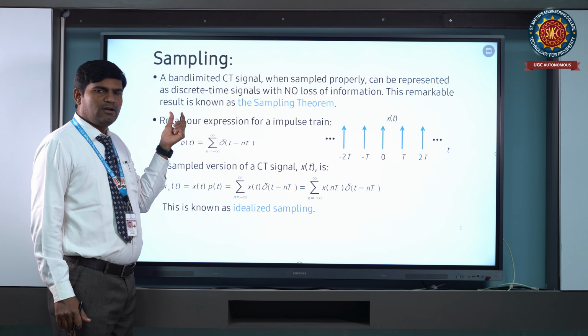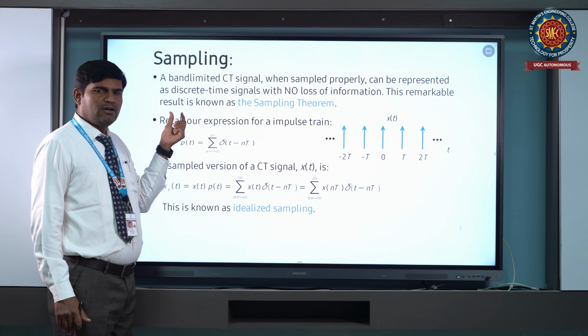Ck is the complex exponential Fourier coefficient, which can be evaluated as Ck equal to 1 by T into the integral from minus T by 2 to plus T by 2 of P of t into e power minus j k omega naught t dt.